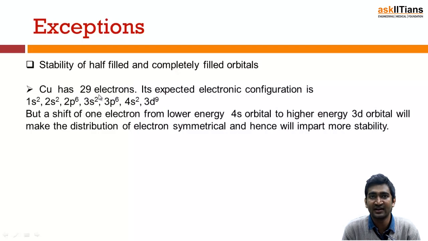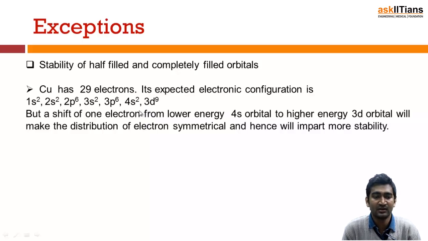Copper, it has 29 electrons and its expected configuration was 1s2, 2s2, 2p6, 3s2, 3p6, 4s2 and 3d9. But what happened? A shift of electron from low energy 4s to high energy 3d. Means now what will be the case?